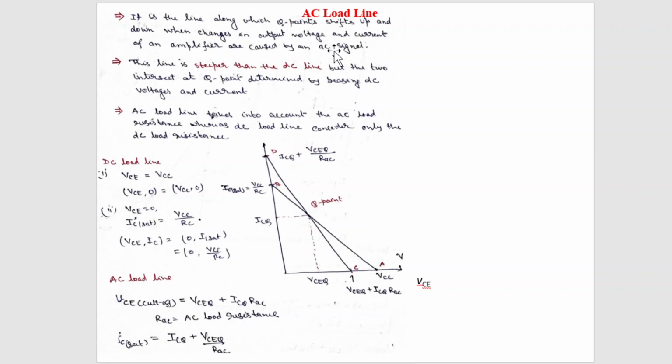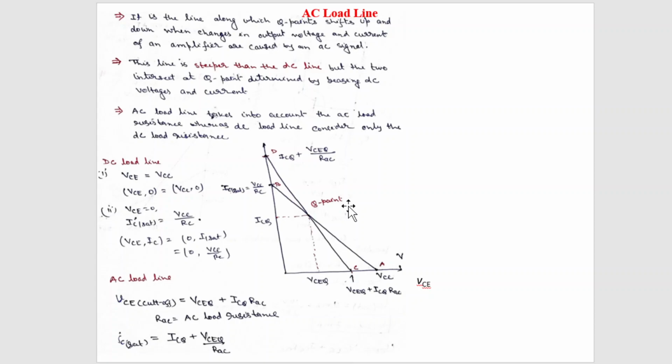Remember, if there is a little change in the input AC signal, that will cause a change in output voltage and current, so the Q point will move along the AC load line.